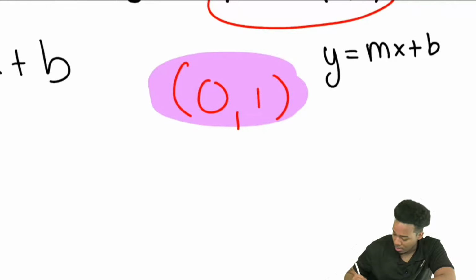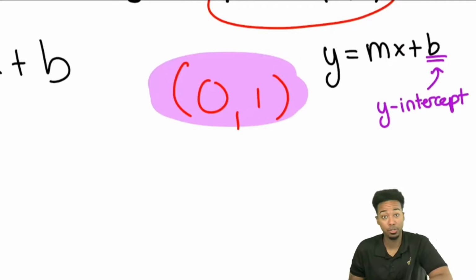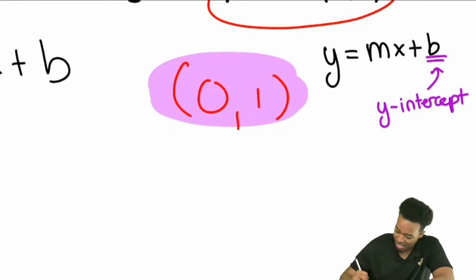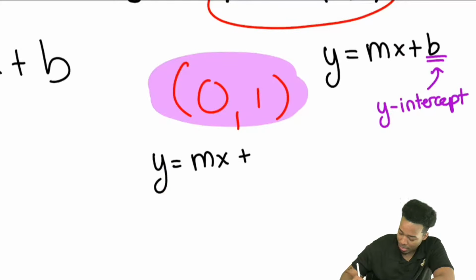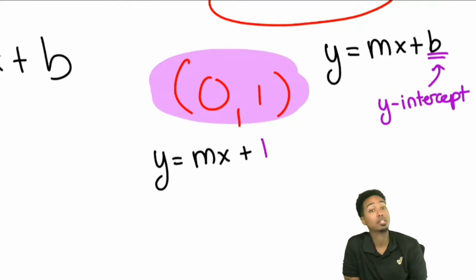This b right here, that's your y-intercept. So whatever you're looking at for this question, you're guaranteed to have y equals mx plus 1. You know that that's going to be a 1.